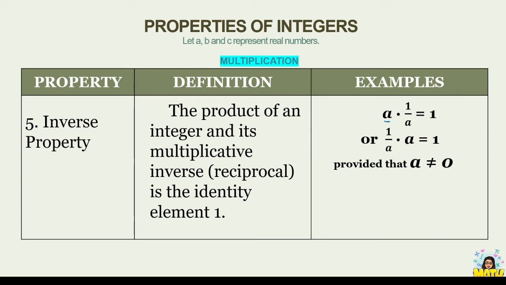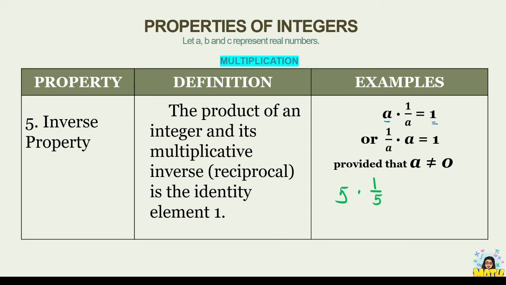So when you multiply the number to its reciprocal, the answer is the identity element, which is 1, provided na hindi 0 ang denominator. Kasi kung 0 yan, the answer will be 0. So let's have an example. 5 multiply to its inverse, which is 1 over 5, or yan yung reciprocal niya.